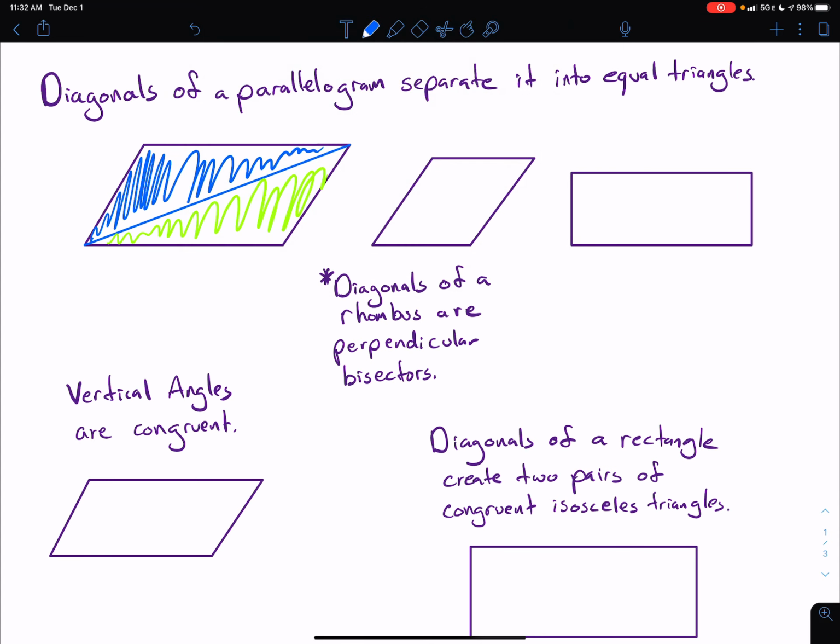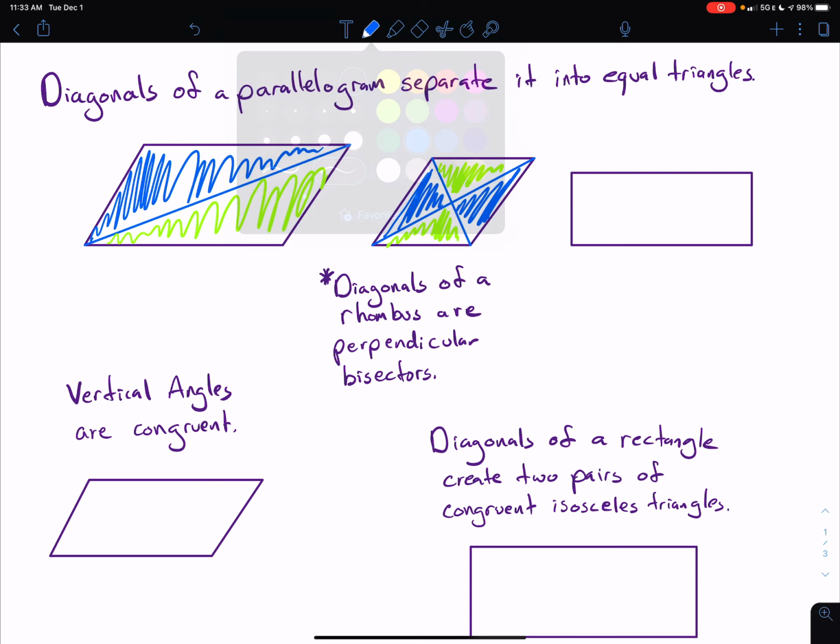Meanwhile, if we cut this one across there like so, then we can see that this one and this one are the same, and this one and this one are the same.